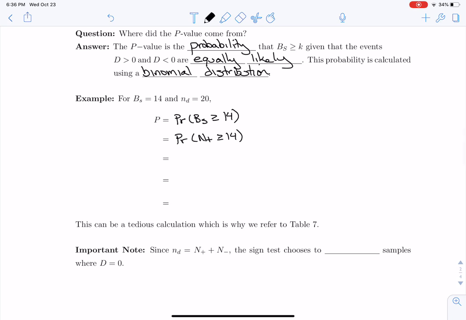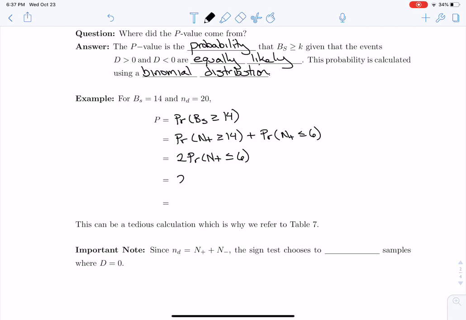And the other way is that n plus is less than or equal to 6, meaning that n minus was bigger than or equal to 14. Both of these probabilities are going to be the same, so we're going to look at that as being 2 times the probability that n plus is less than or equal to 6.